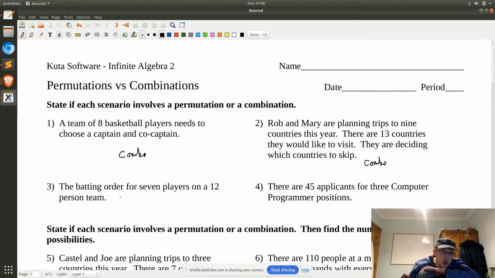The batting order for 7 players on a 12-person team. Permutation. There are 45 applicants for 3 computer programmer positions. Combination. Okay. How is that permutation?